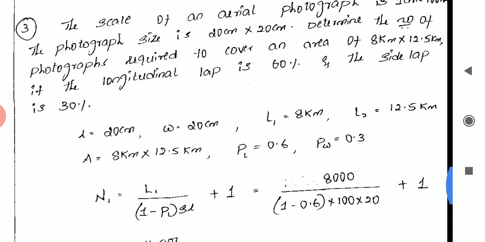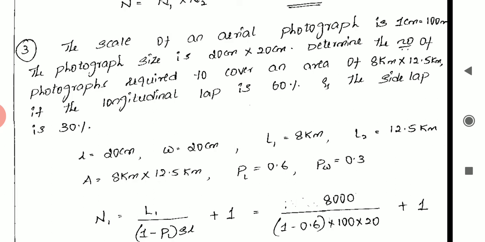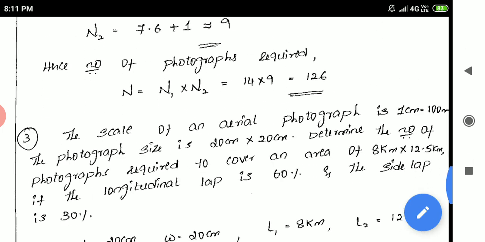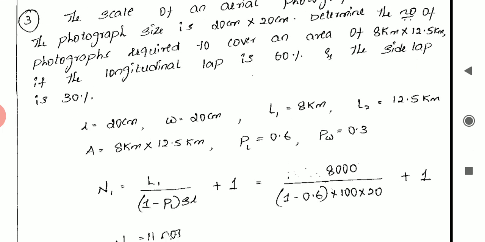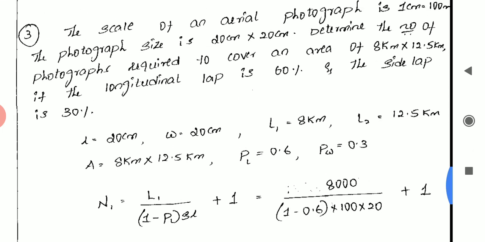Okay, so first it is given L equal to 20 centimeter and W equal to 20 centimeter, and it mentions the area covered as 8 kilometer by 12.5 kilometer. So L1 and L2 are given, and L1 into L2 is nothing but the area, capital A, the total area covered.